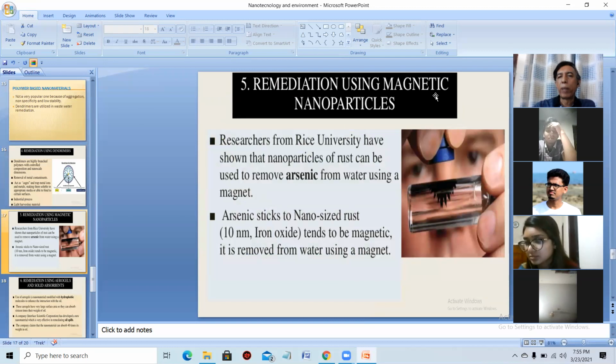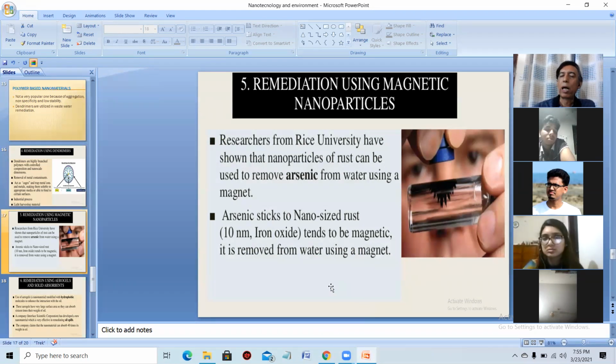Remediation using magnetic nanoparticles. This is actually at the research level. Researchers from Rice University have shown nanoparticles of rust. You know what rust is, the iron rust. Nanoparticles of rust can be used to remove arsenic from water using a magnet.